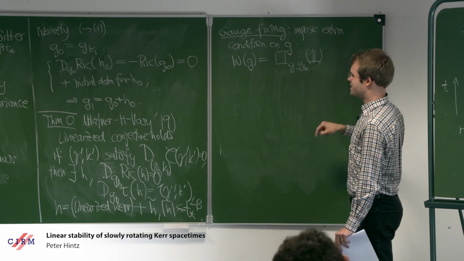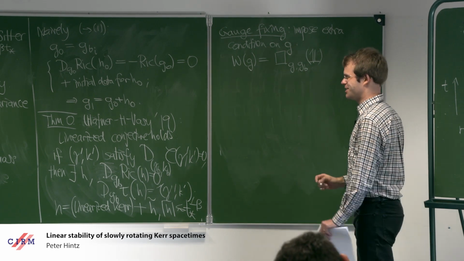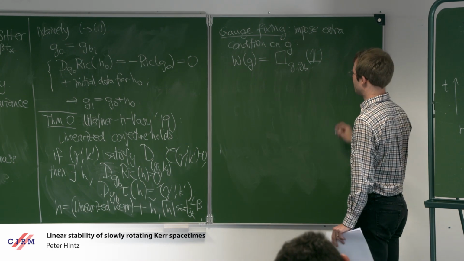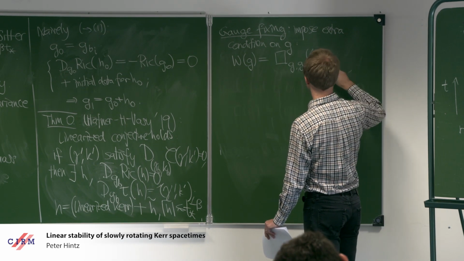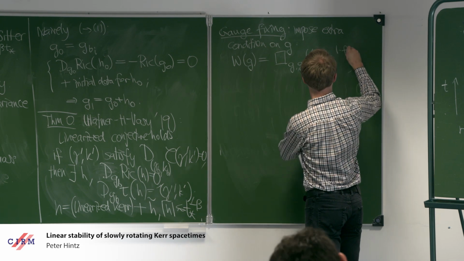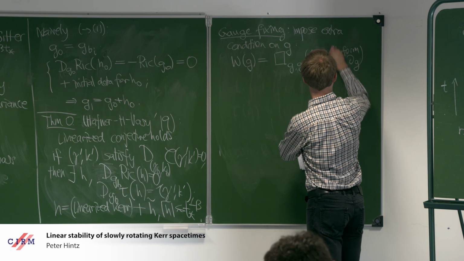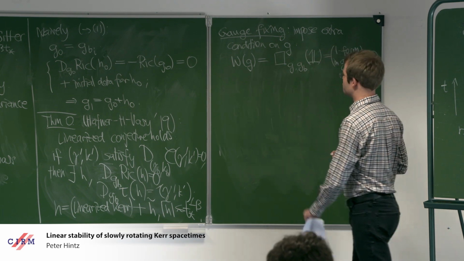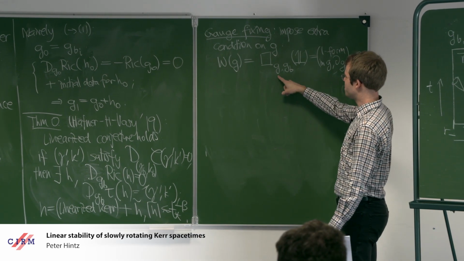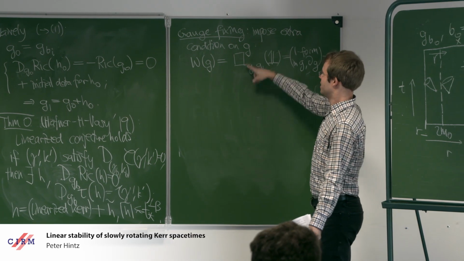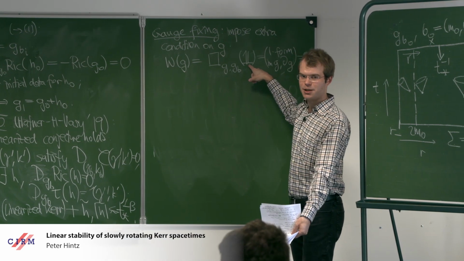You can also think of this as some difference of Christoffel symbols being equal to 0. The main point is this is a one-form and depends only on G and its first derivatives. And you can ask for this to be equal to 0. Chances are, if you pull back the metric G by some diffeomorphism, the identity map is not going to be a wave map anymore.